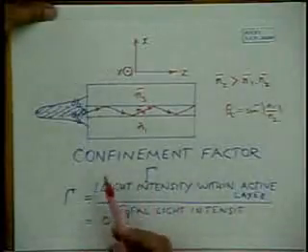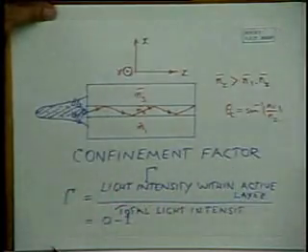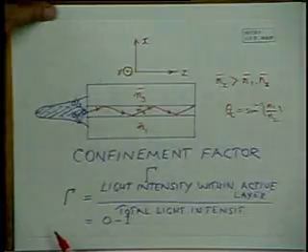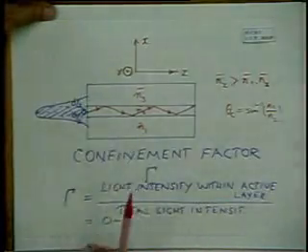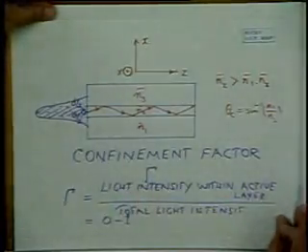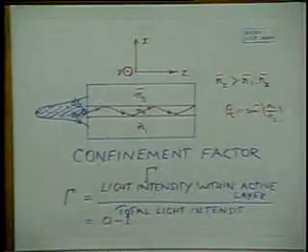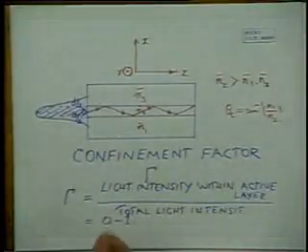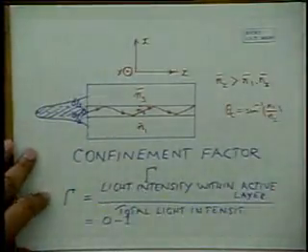Okay, in order to calculate gamma for a particular structure, we have to use the wave equation derived from Maxwell's equations. And so we'll do that for a particular case, for TE modes.